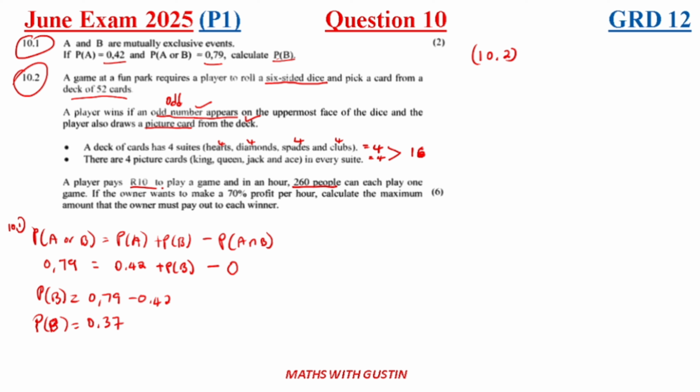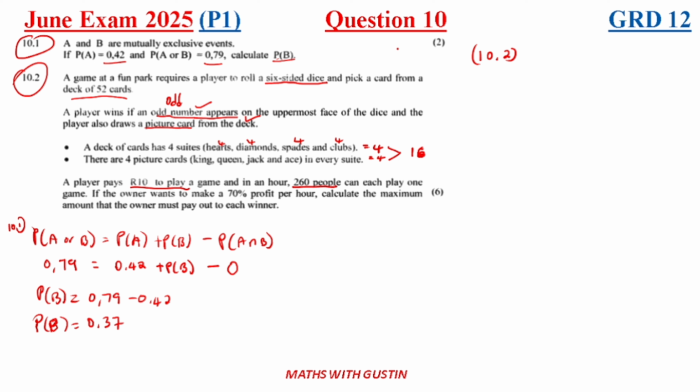They are playing with 10 rand each per hour, right? If the owner wants to make 70% of the profit per hour, calculate the maximum amount that the owner must pay each winner. Now it's like you're playing Betway or Aviator here.